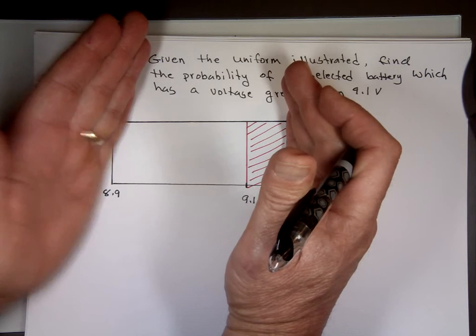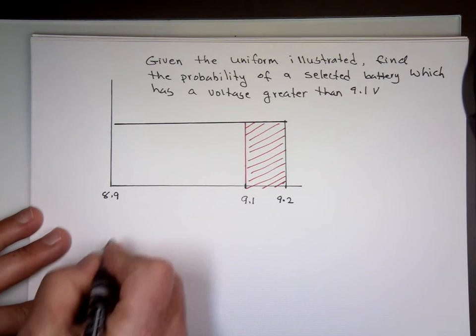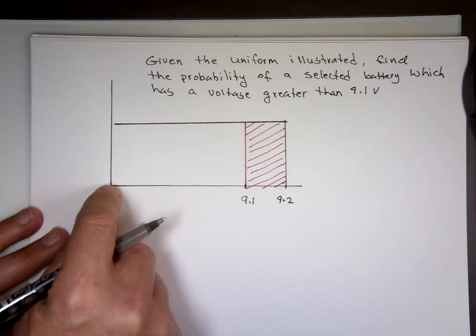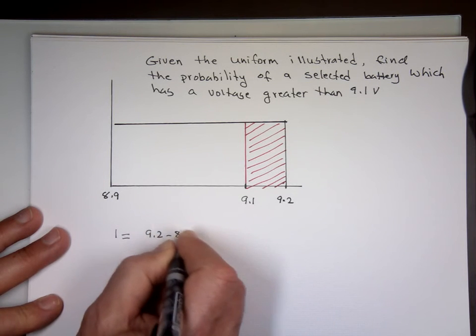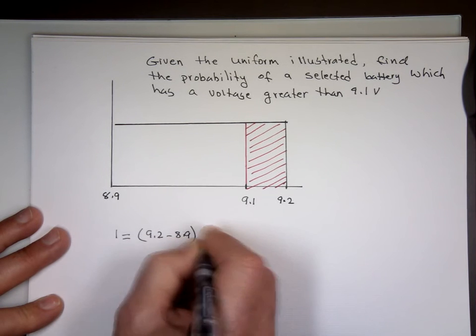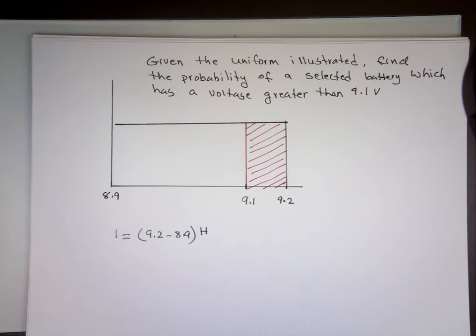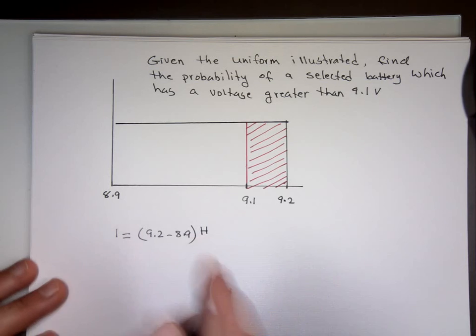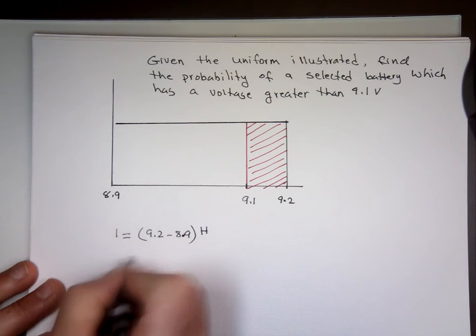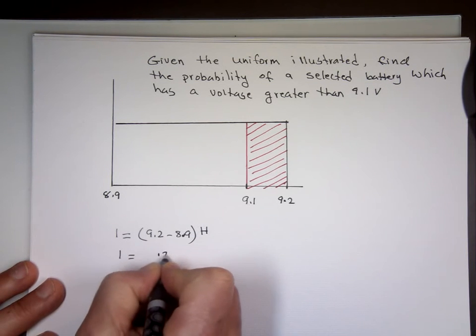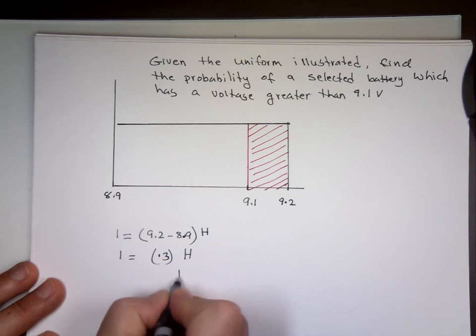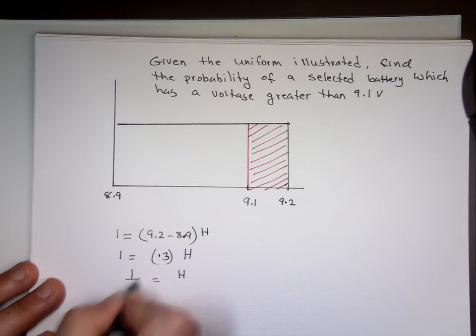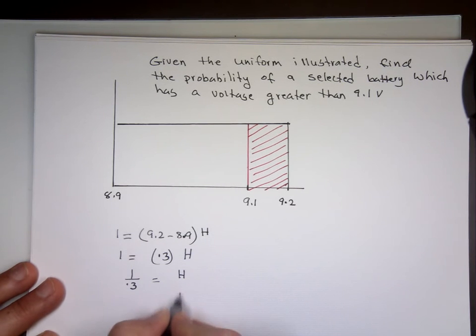The height of that should be what? 1 equals the distance from here to there, which is what? 9.2 minus 8.9, that's the distance, times the height. What is 9.2 minus 8.9? Is that 0.3? So what's the height equal to? 1 over 0.3. 10 over 3.